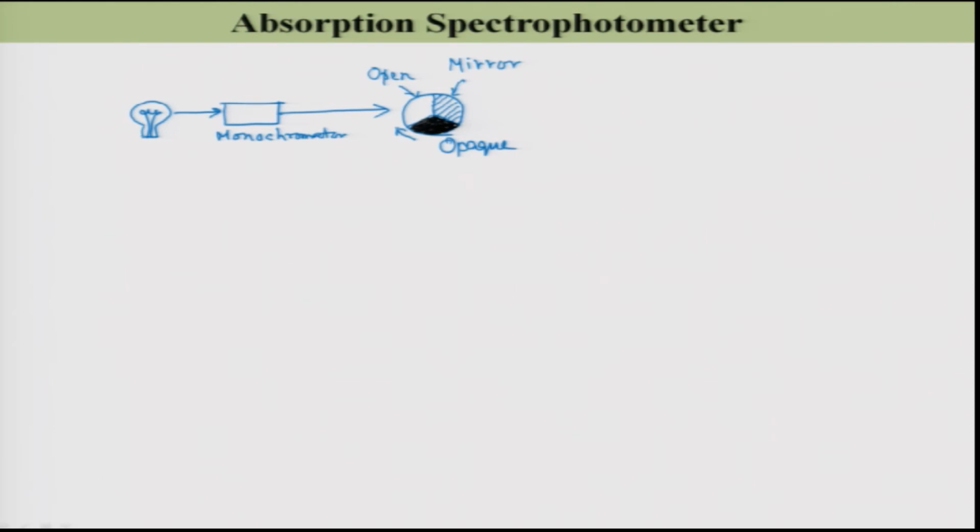And so, as you understand, whenever this incoming beam falls on this transparent or open part, it will pass through, that is it. And now, here I have my sample, and then it will pass through the sample.